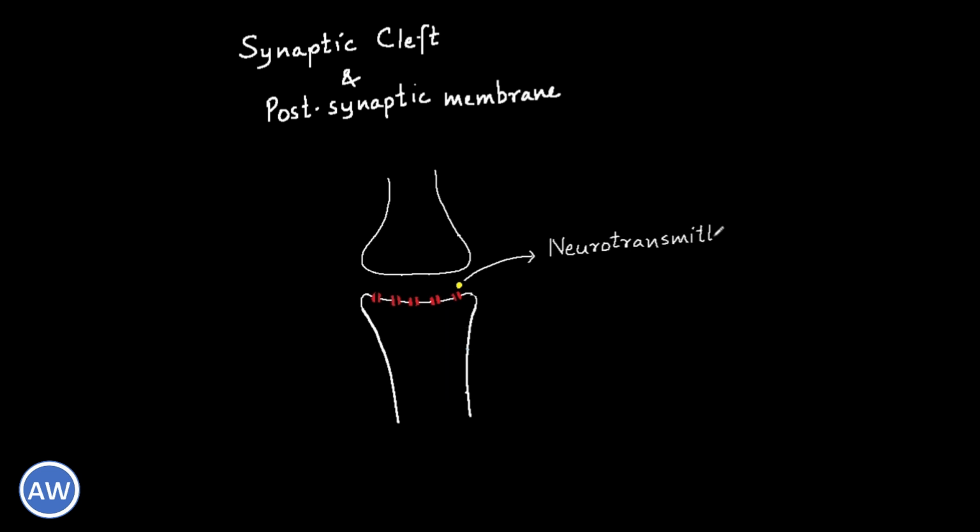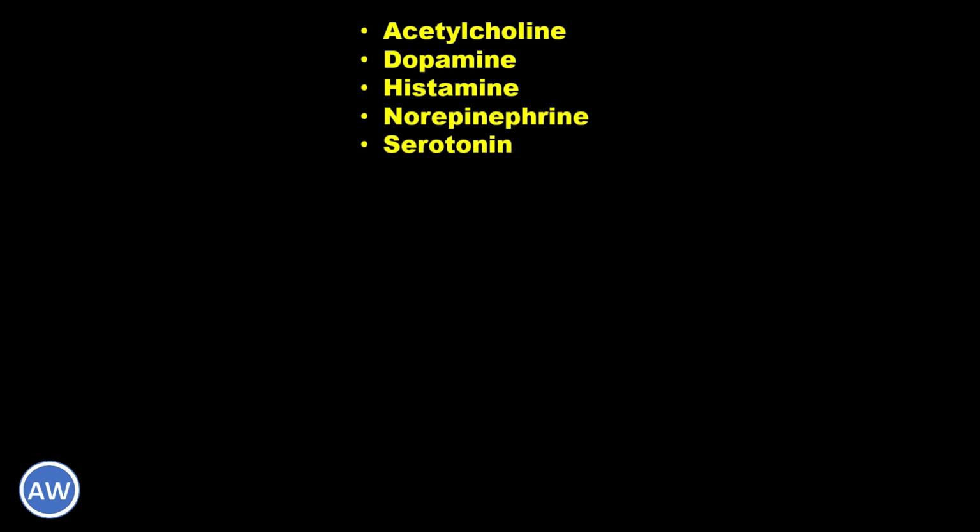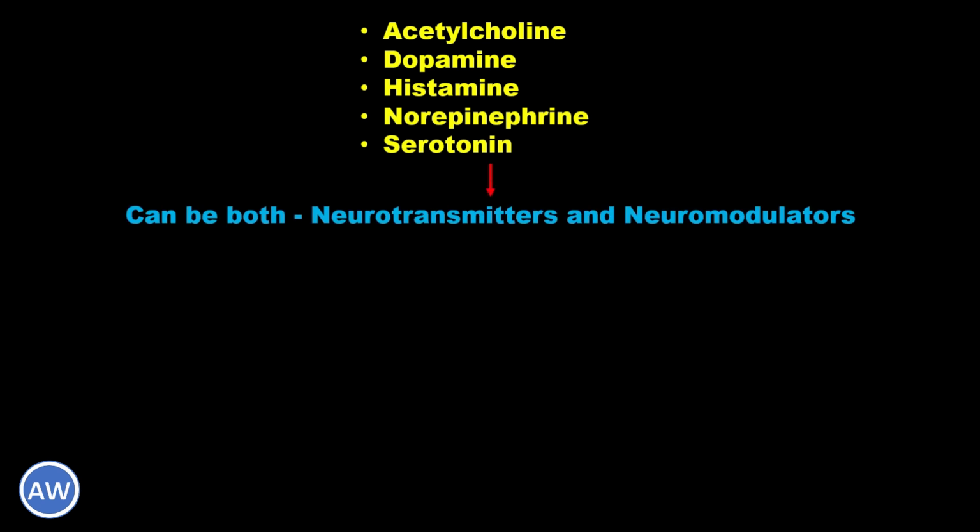Thus, the neurotransmitters have a direct influence, whereas the neuromodulators or neurohormones have an indirect influence in affecting the desired result. It may be noted that many chemical messengers that are neurotransmitters also act as neuromodulators. Therefore, acetylcholine, dopamine, histamine, norepinephrine, and serotonin can be both neurotransmitters as well as neuromodulators.